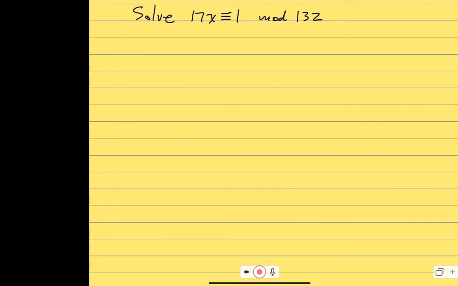All right, we wish to solve this congruence here. One way to think of this is I want to have 17 times x plus some multiple of 132, let's call it y, and that be equal to 1, which is a problem we're used to at this point.